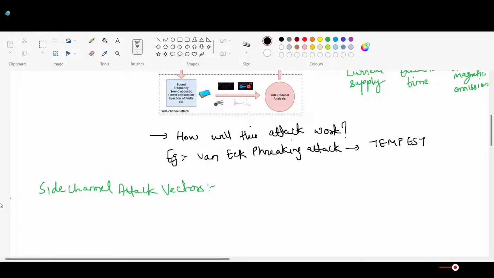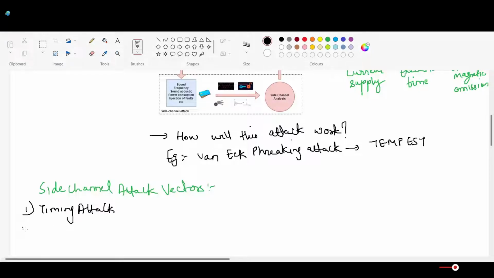Here we analyze the time a system spends executing a cryptographic algorithm.